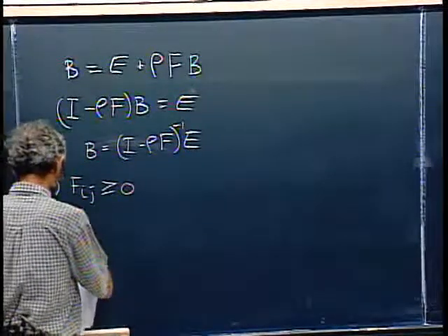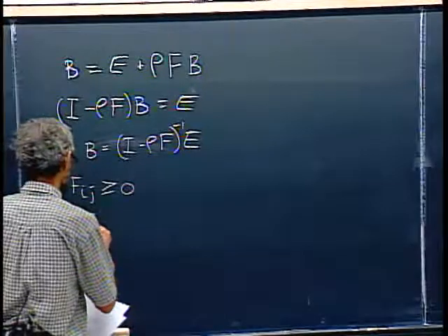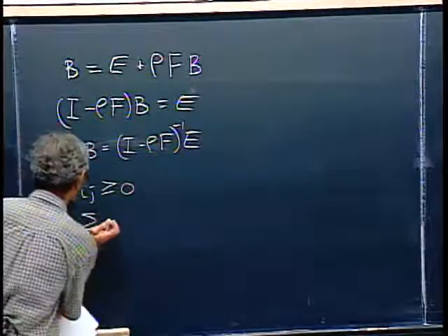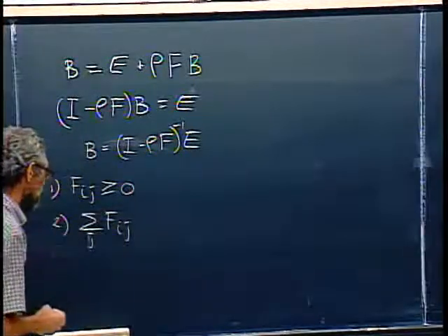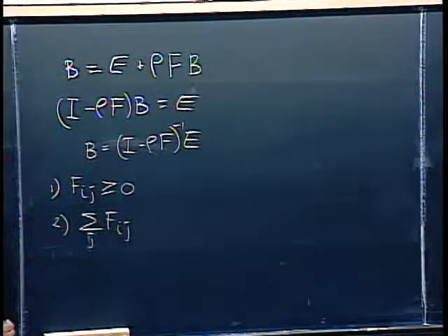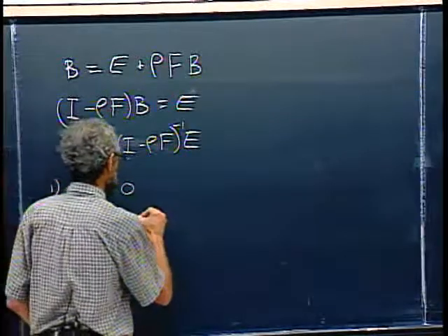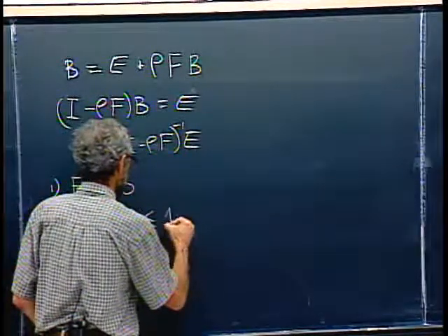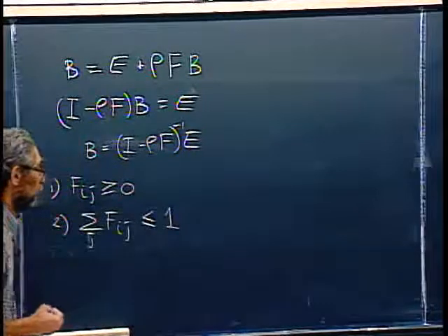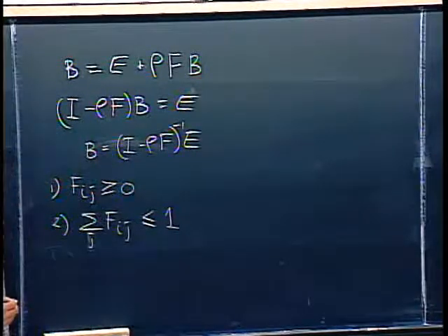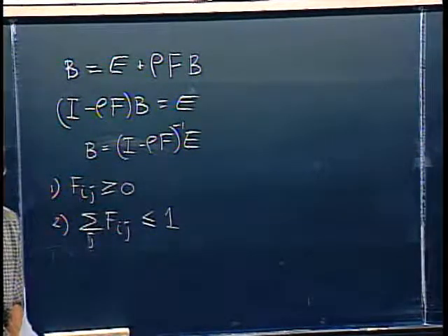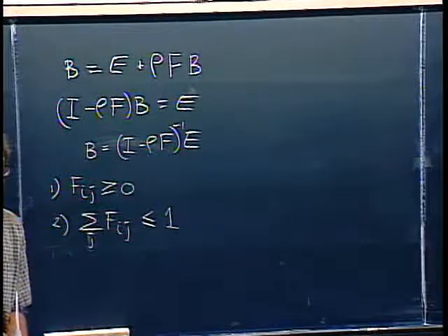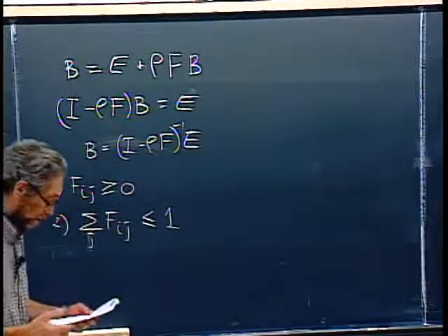And number 2, it says the sum over all j of Fij, that means the sum of the entries in a given row, is less than or equal to 1. In fact, it will equal 1 if you're entirely surrounding the scene. You know, no open windows through which you can see outer space that energy can go out of.